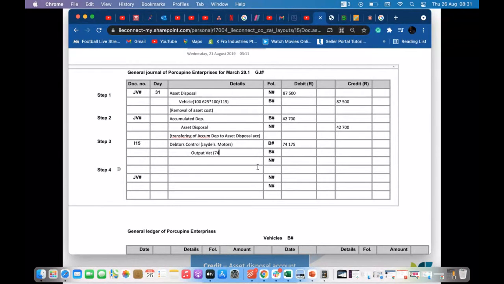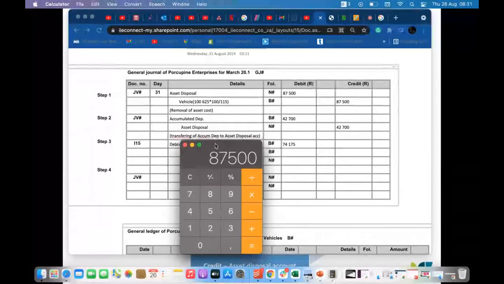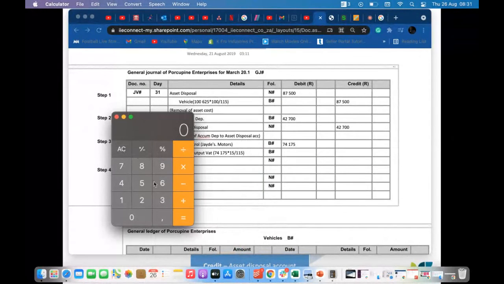We're saying 74,175 times 15 divided by 115. Okay, and what do we get over there? Let's see. Okay, calculator, come and assist us once again.